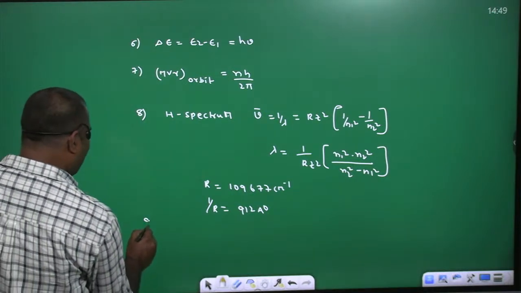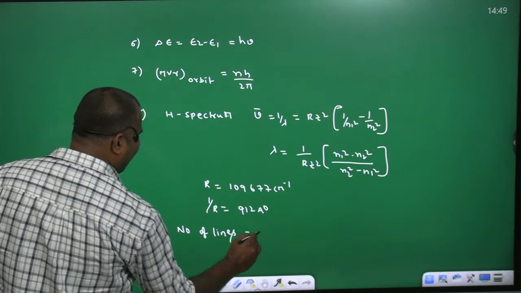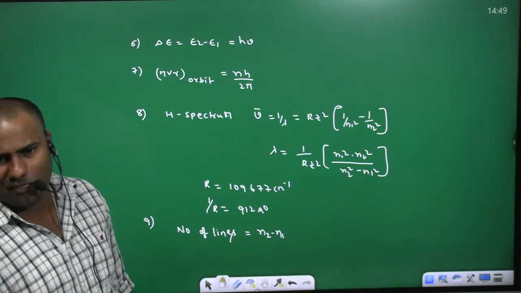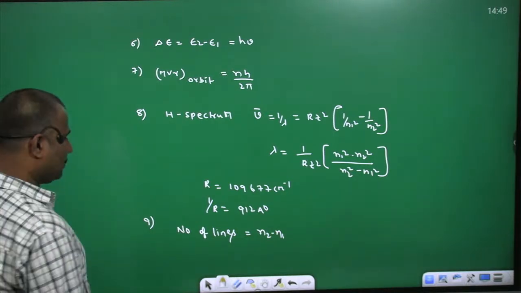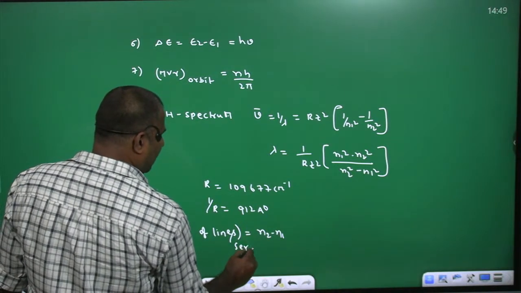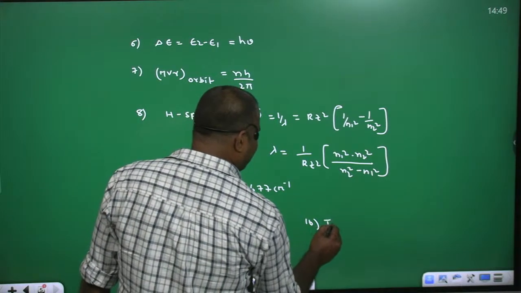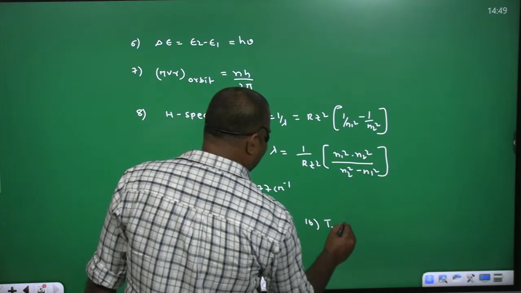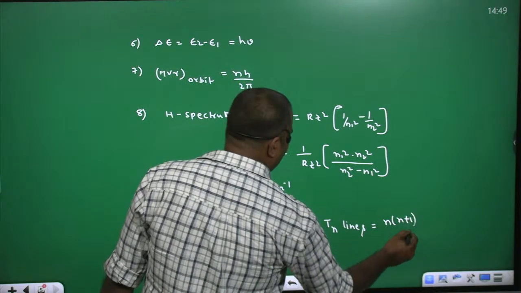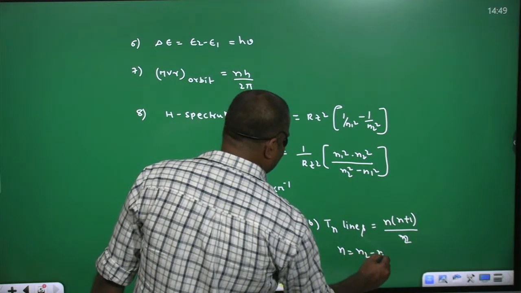In the hydrogen spectrum, the number of lines in a particular series equals N2 minus N1, where N2 is the higher energy orbit and N1 is the lower energy orbit. Whereas the total number of lines is given by the formula n into n plus 1 by 2, where small n equal to N2 minus N1.